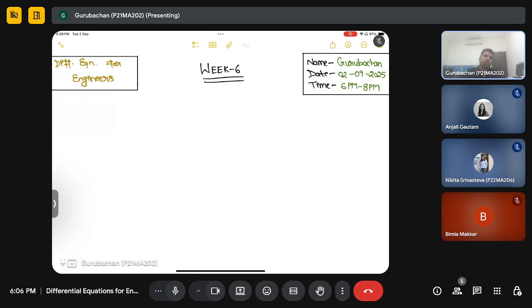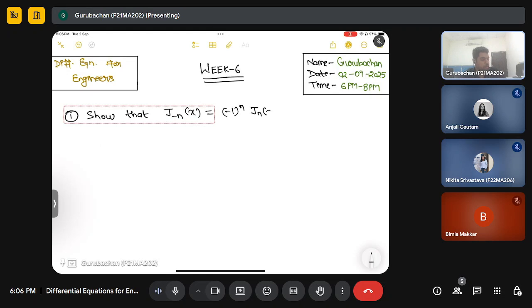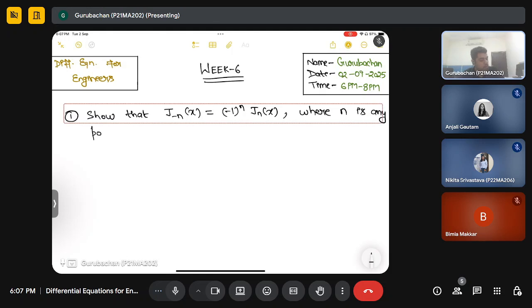So let me write the first question related to it. Show that J minus n x is nothing but equal to minus 1 to the power n J n x, where n is any positive integer.